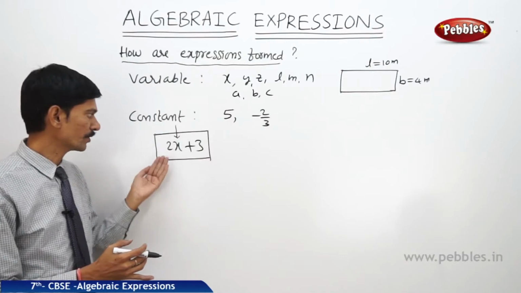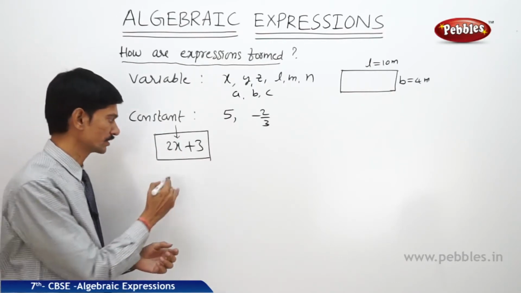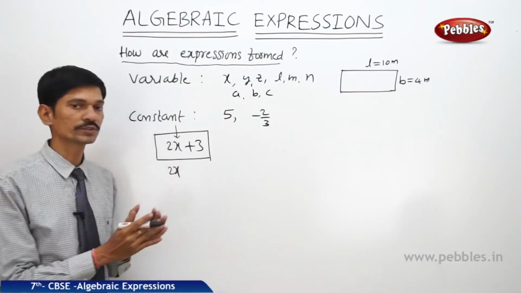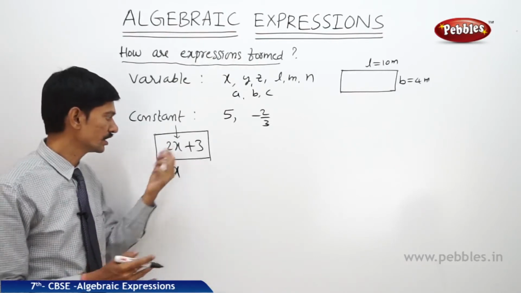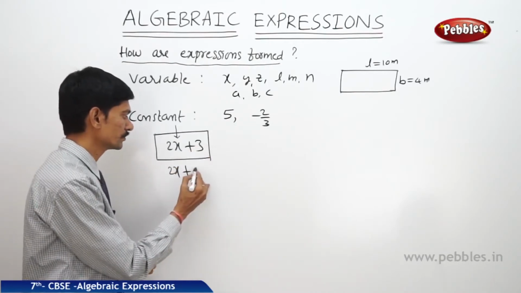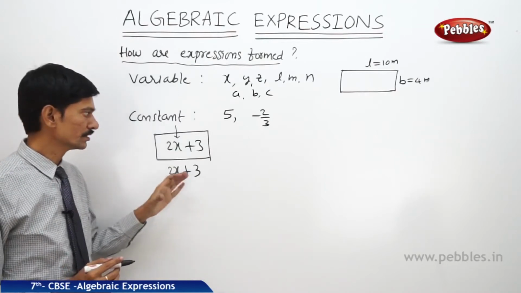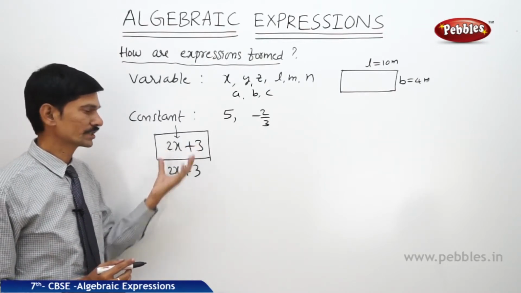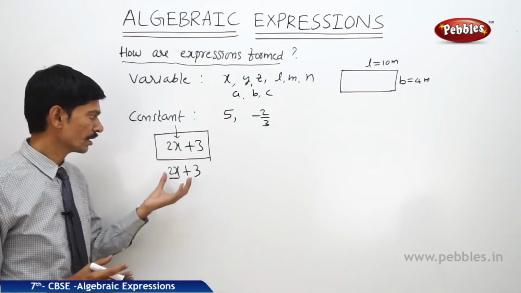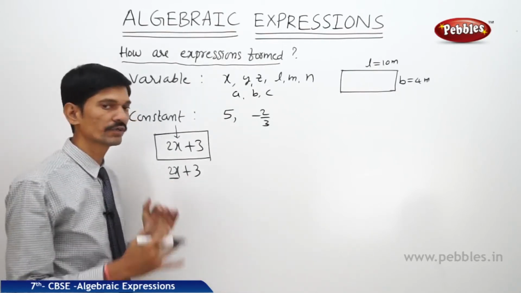By multiplying the variable x by 2, we get the product 2x. We use one operation, addition, and the constant term 3 is added to the product 2x. To combine two or more expressions, we use the operations such as addition, subtraction, multiplication and division.